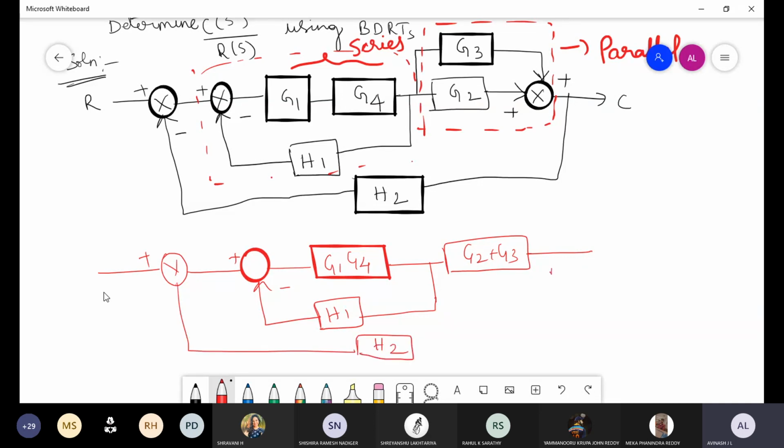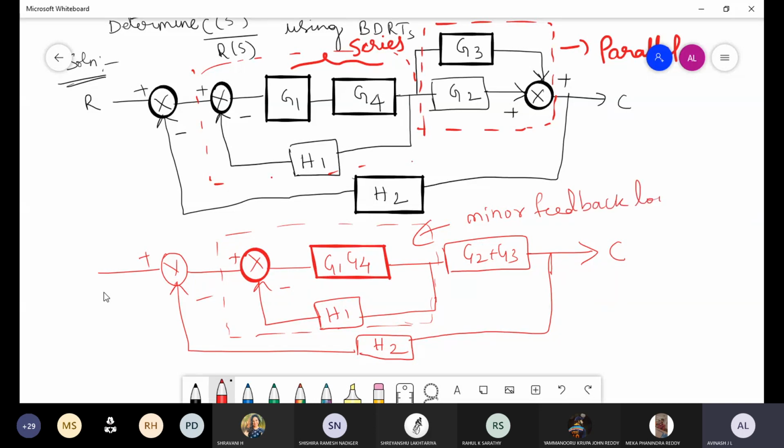H2 to the last. And this is C. So now in this particular step, this will become the minor feedback loop.